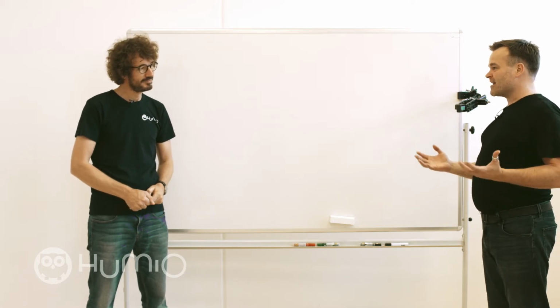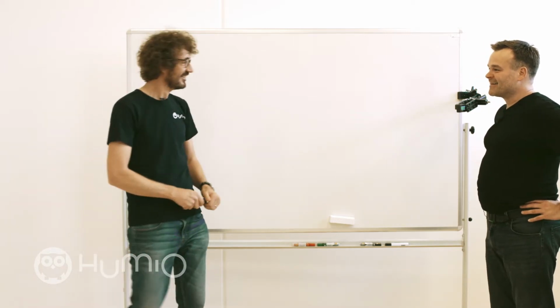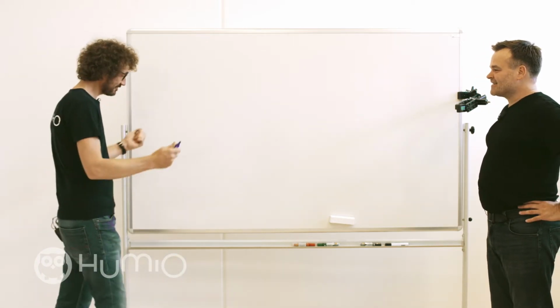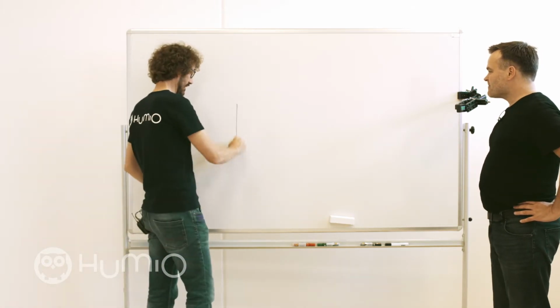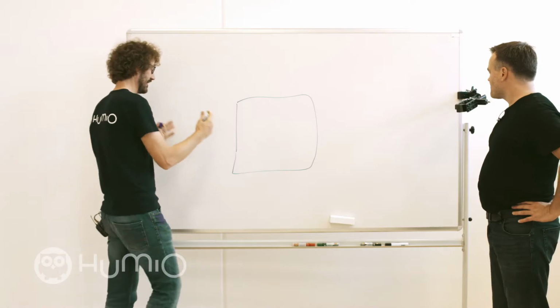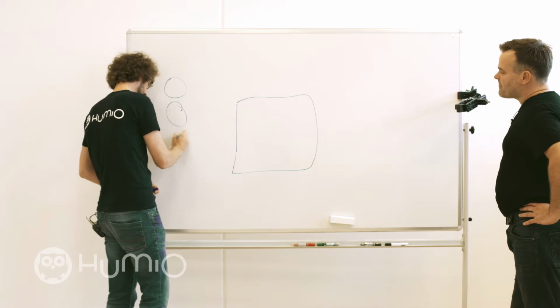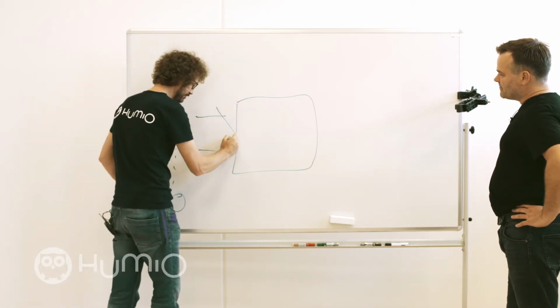But how does it actually work? Because I'm really curious about that. Yeah, okay, that's fine. So basically, when you look at it from the bird's eye view, a log aggregator is a system where we gather data. So you have all your servers running here, and the data comes in.